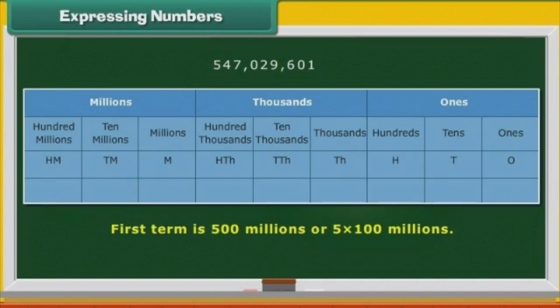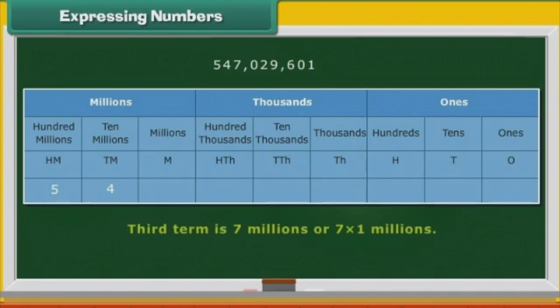First term is 500 millions or 5 into 100 millions. Place 5 under HM. Second term is 40 millions or 4 multiplied by 10 millions. Place 4 under TM.